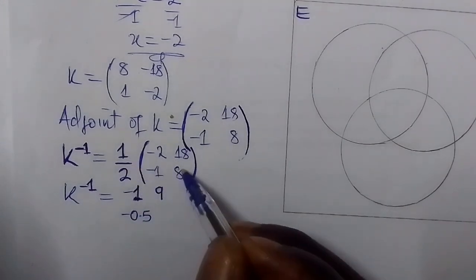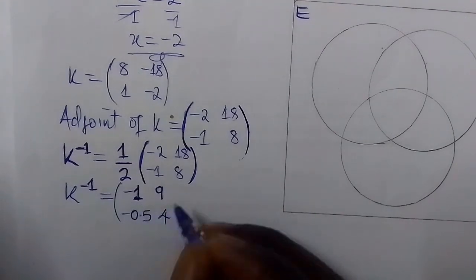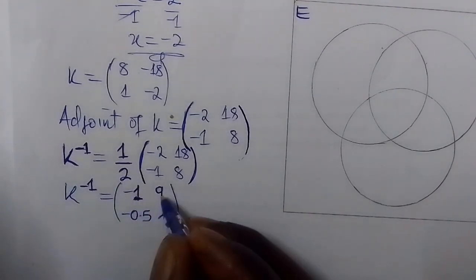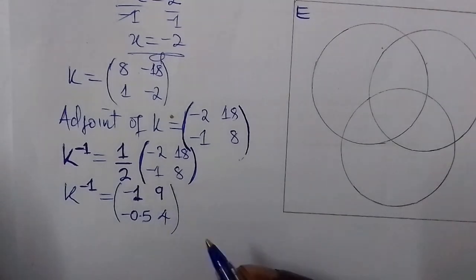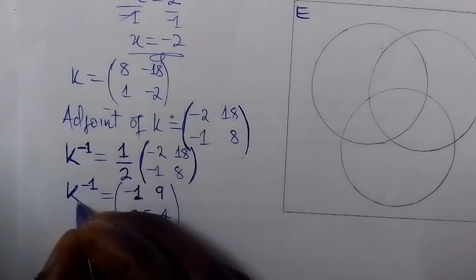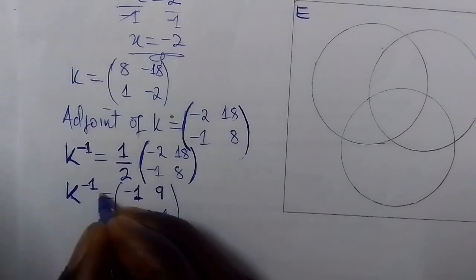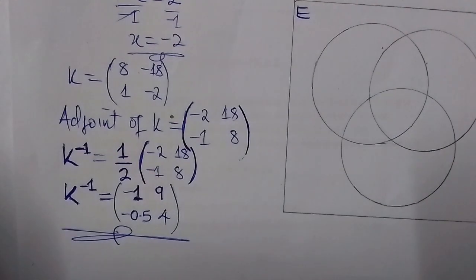Then half of 8 is just 4. So the entries we're getting are negative 1, 9, negative 0.5, 4 for the inverse of K. So this is K inverse, and this is the answer for Roman numeral 2.